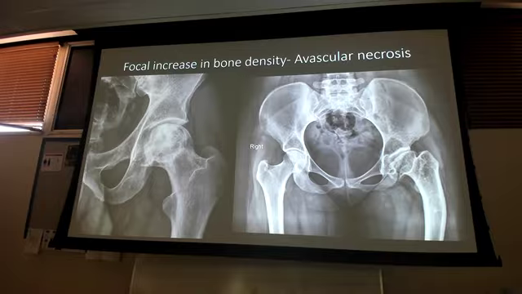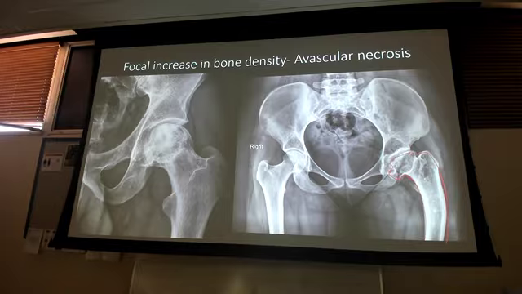So the area here, I'll do it on this hip, lost its blood flow, right? It didn't get it. So it did first start to sclerose a little bit, and then it crushed down. Why did it crush down? Because it's weight bearing, right?